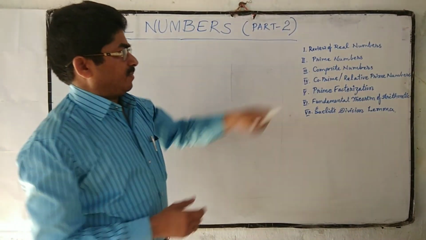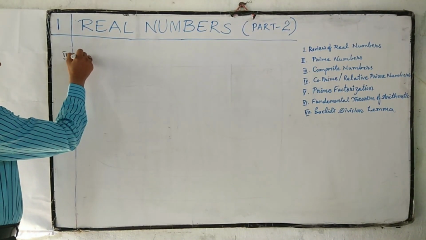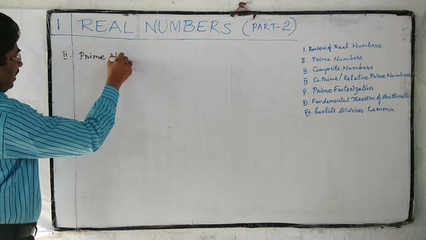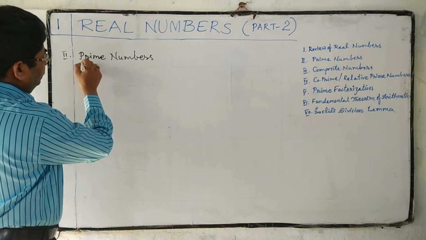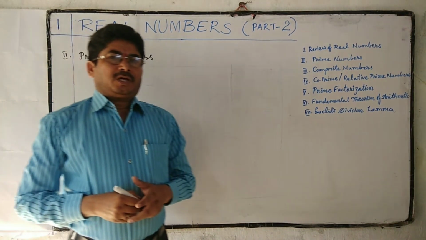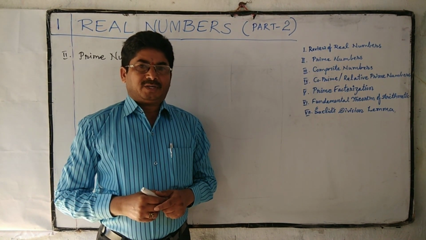Next, prime numbers. Another name for prime numbers is indivisible numbers. What are prime numbers?